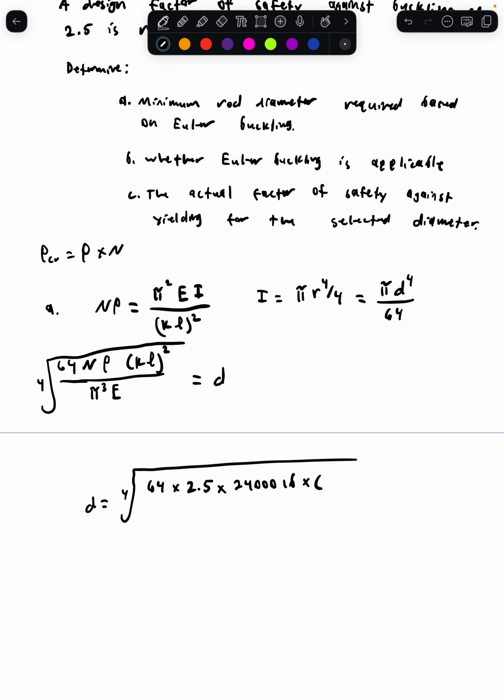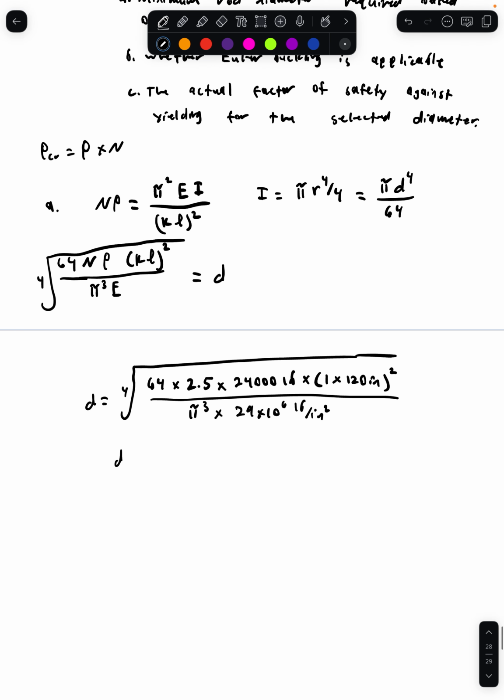Then what is our K value? Well, if we look at this chart, we are looking for the pinned condition, and our K value is 1. It's going to be 1 times our length of 10 feet. I'm going to convert that to inches, so 120 inches squared, divided by pi cubed times 29 times 10 to the 6th pounds per inch squared. Looking at units, our pounds are going to cancel, and we're going to be left with inches to the 4th.